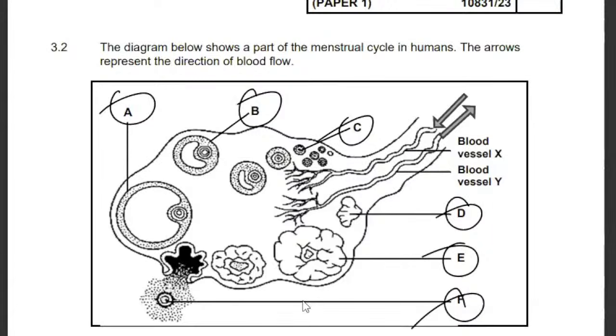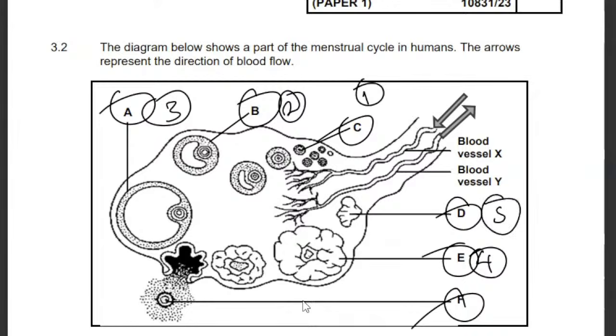Basically you start with 1, you go to 2, you go to 3, and then 4, and then 5. So it's C, B, A, E, and then D. You understand? Not DE, but ED.